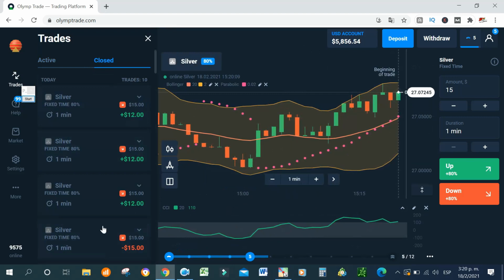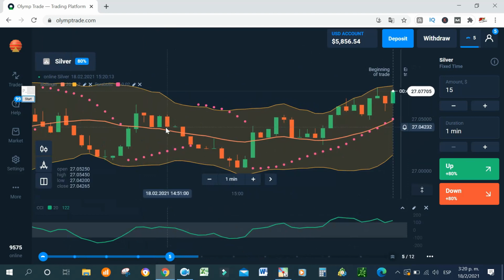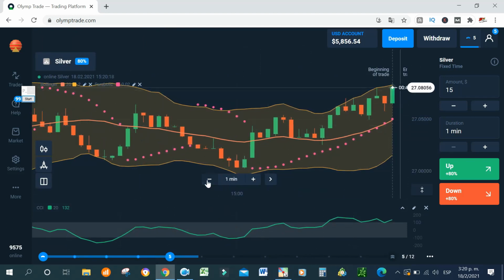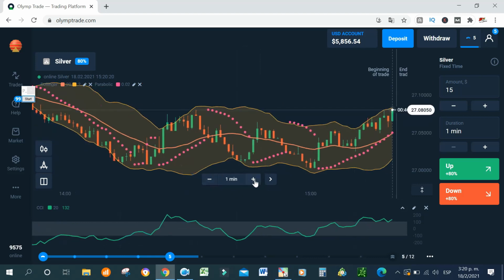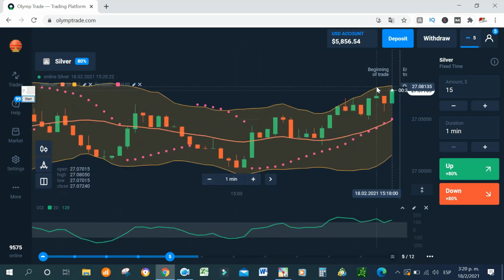Okay, we lost that one, and then we recovered with the next one. Alright guys, I think it will give me another opportunity because now this is the high of the price of the silver right now, this one here.